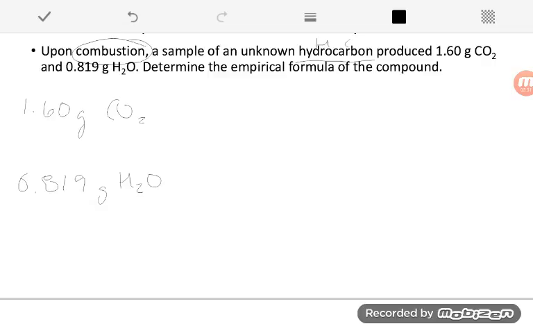I need to recognize that this is a combustion analysis problem. It eventually wants an empirical formula, and I need to recall that if I only have a hydrocarbon, I just want to figure out how much carbon and hydrogen. I don't care about the amount of oxygen here. So I need to turn these grams of CO2 and grams of H2O into moles of carbon and hydrogen.